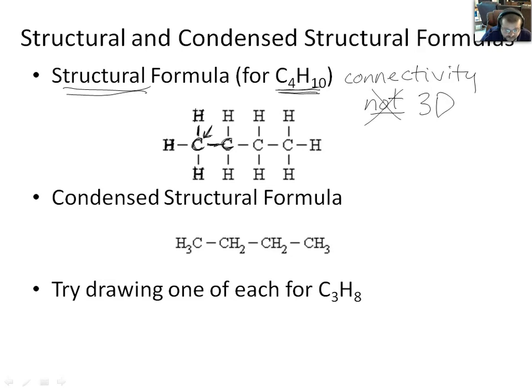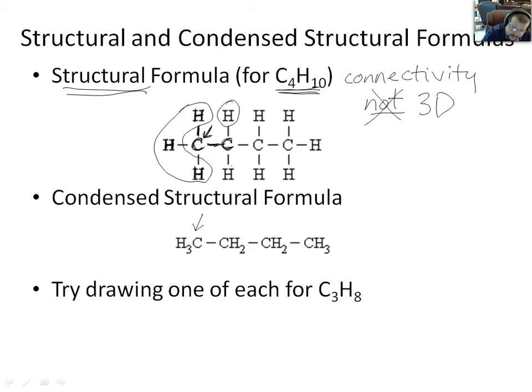Now, if we were to move from a structural formula to a condensed formula, I want you guys to look and see if you can tie together the relationship between the two. It still gives connectivity, but by condensing, I'm taking the circled hydrogens in the structural formula and pulling them into the carbon that they're with.